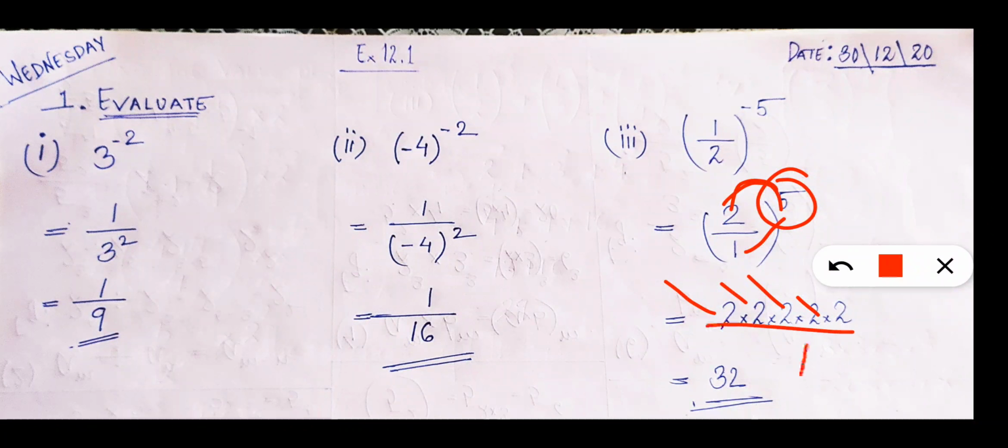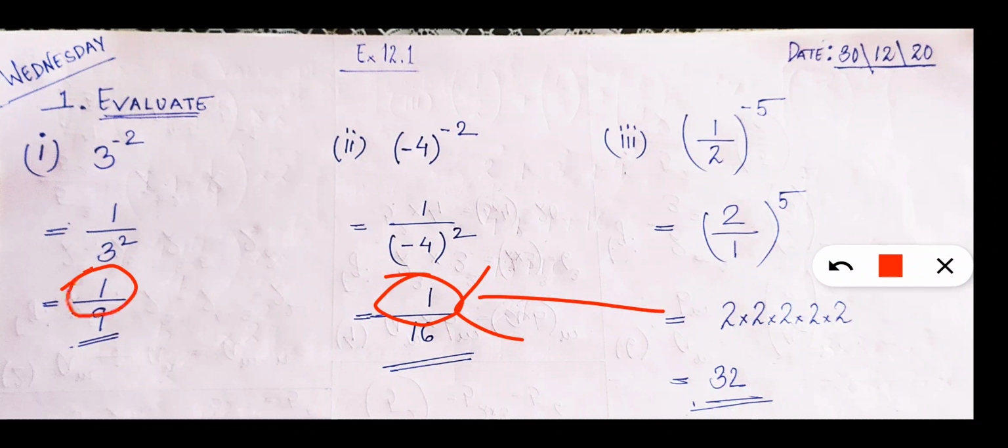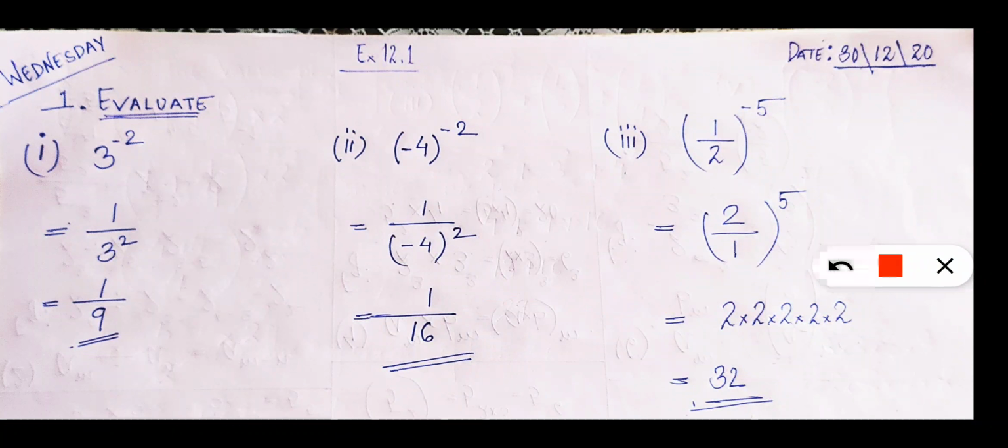If you see here, it is in the numerator, so you cannot ignore 1. But here it is in the denominator, so we can ignore 1. Now 2 five times will give you 32, because 2 2s are 4, 4 2s are 8, 8 2s are 16, and 16 2s will give you 32. Okay, this is question number 1. Let's move to the next question of the same exercise, that is question number 2.